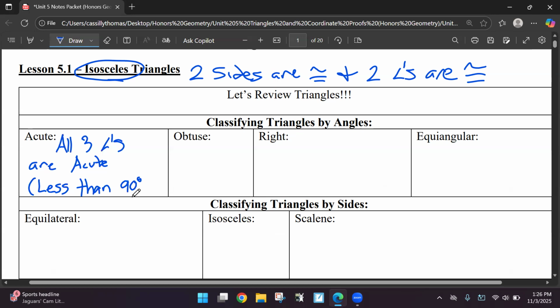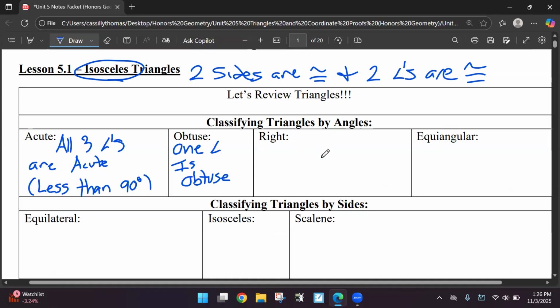If I call a triangle an obtuse triangle, that means one angle is obtuse. We proved back in Unit 4 that you can only have at most one obtuse angle. You can't have multiple. That wouldn't make any sense because then you'd go over that 180 degree limit that we have with triangles.